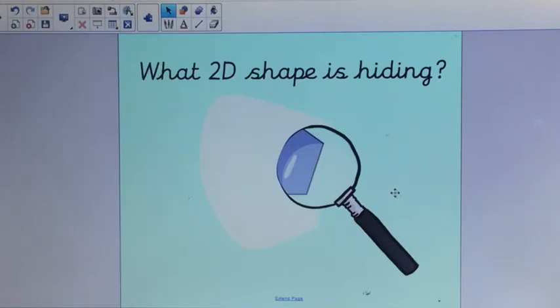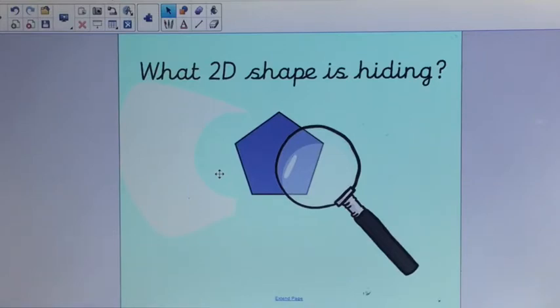Okay. I'm going to reveal that it was a pentagon. So well done if you got that one. A little bit trickier, that one. And remember that a pentagon has got 1, 2, 3, 4, 5 sides, because we know that pent means 5. So well done if you got that one.